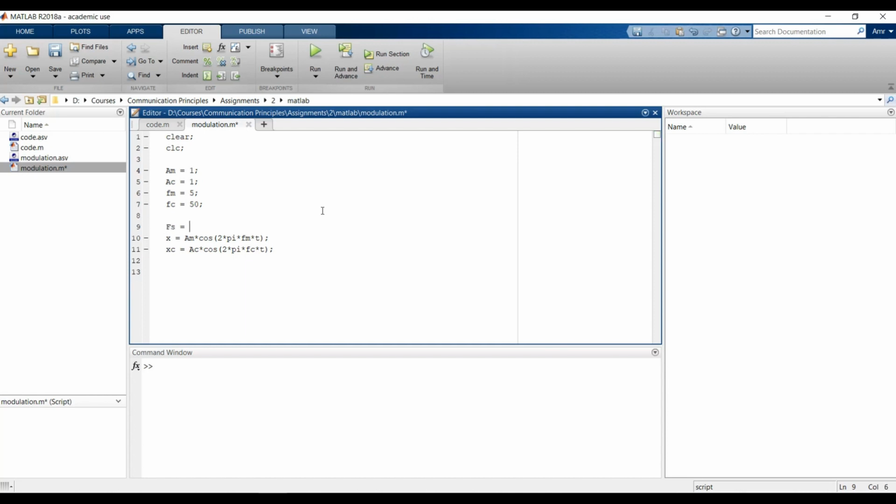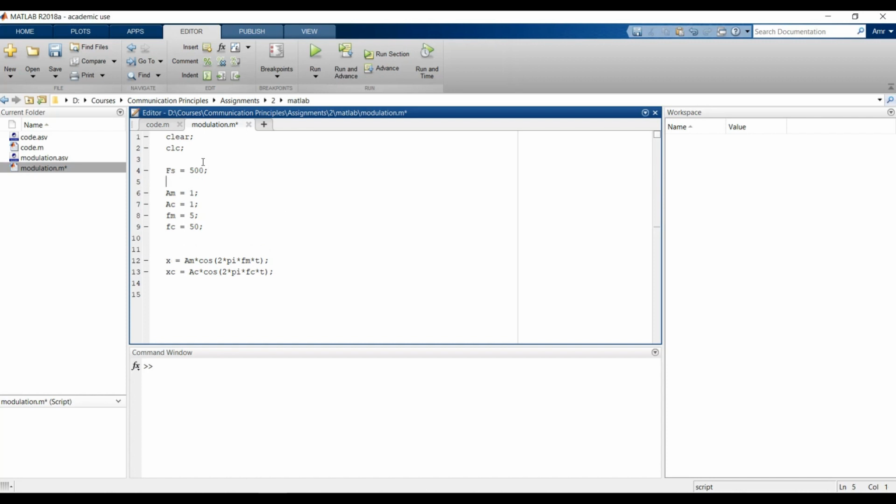So I'm going to assume my sampling frequency. There are specific rules about it, but a general rule of thumb is that it has to be at least double that of the carrier signal plus the bandwidth. And this one is called a rule of sampling. I'm going to assume that it's almost 500.